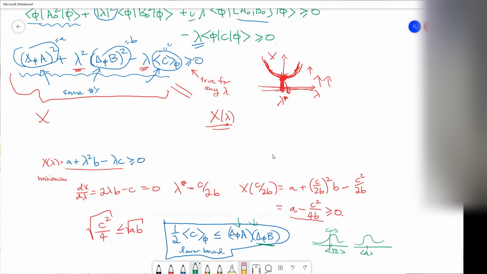You compute these little fluctuations over many, many experiments, and lo and behold, when you multiply those two uncertainties, or the two variances, together, the product is bounded by the average value of their commutator.